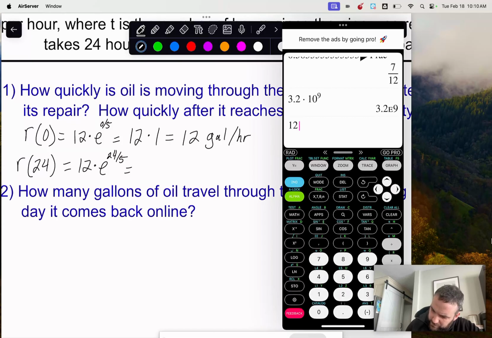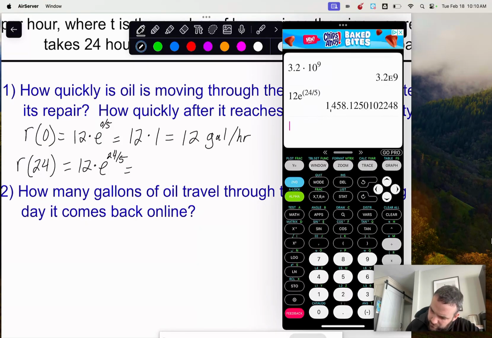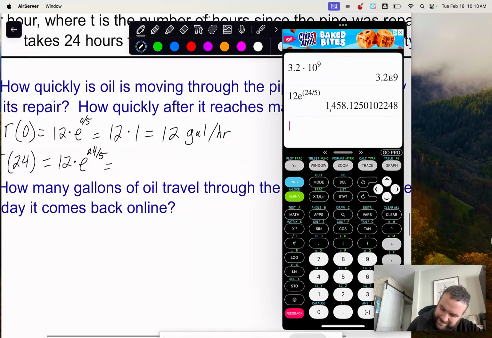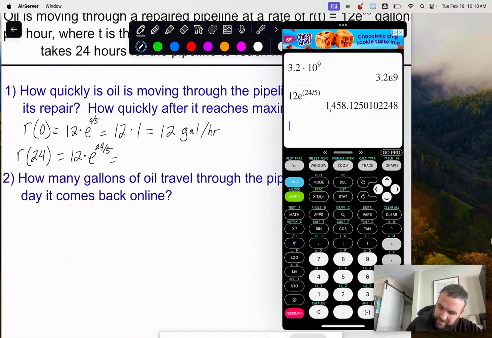So 12 e to the 24 fifths. And I can see that when the pipeline is at its maximum capacity, it is flowing at a rate of 1,458.125 gallons per hour.